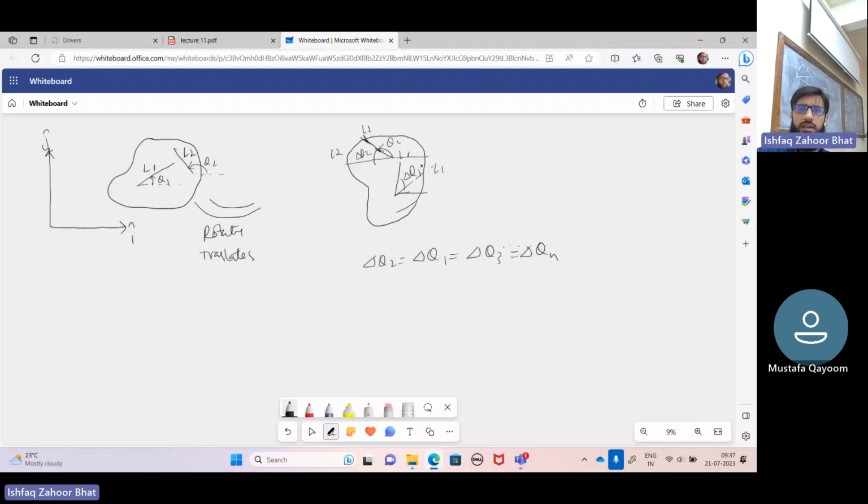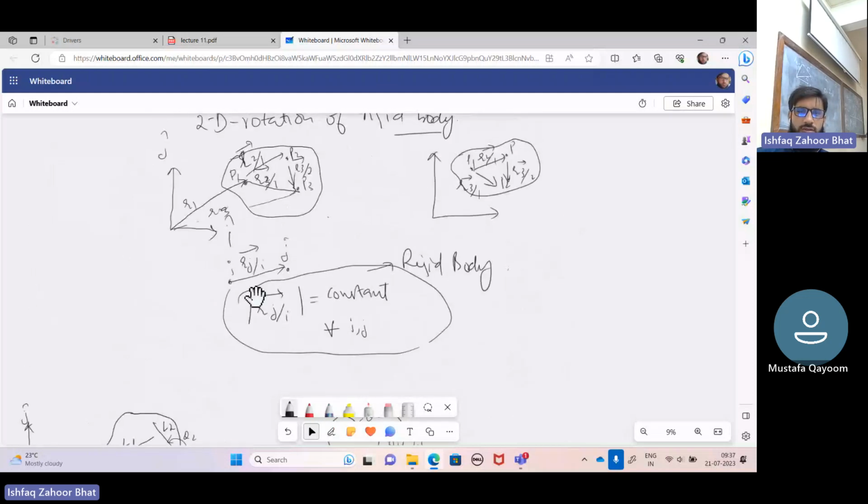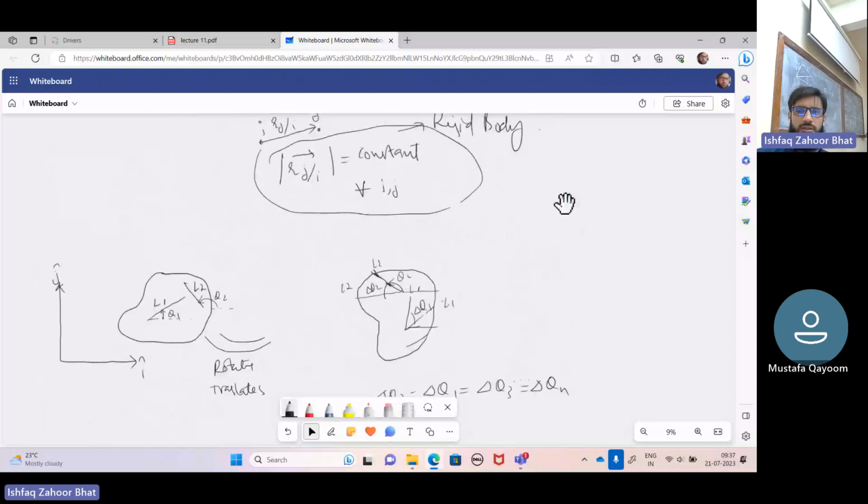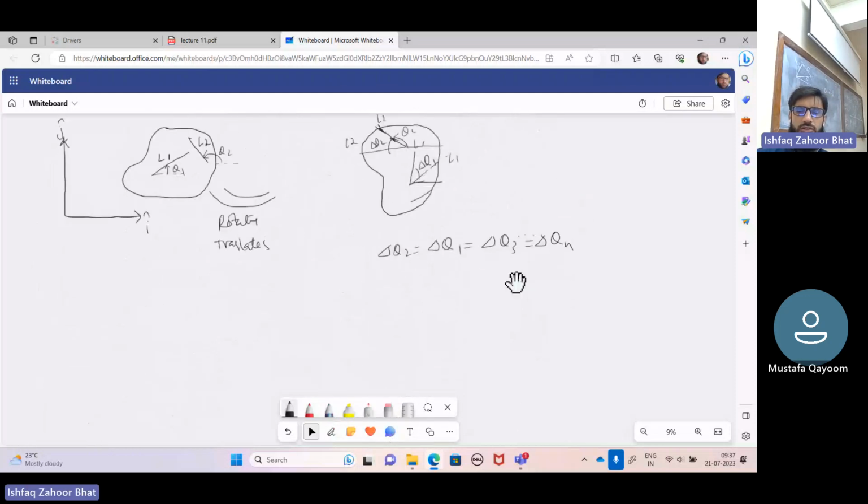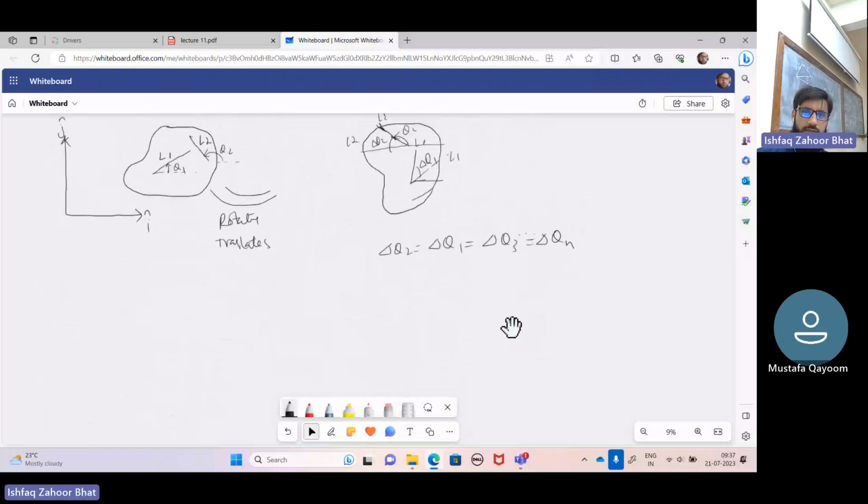If you take any line, that is n number of lines, all the lines will go through the same amount of angle rotation. This rotation is the same for all the lines. Is it clear?